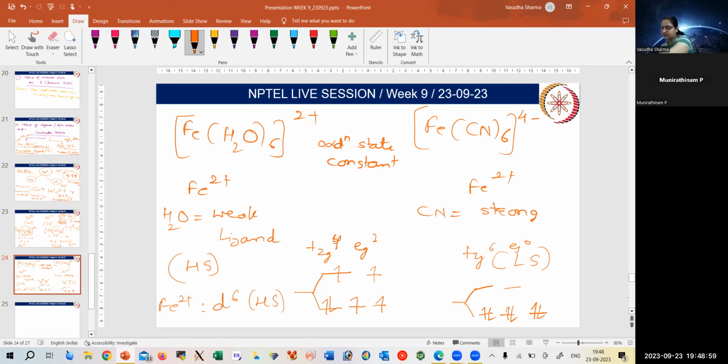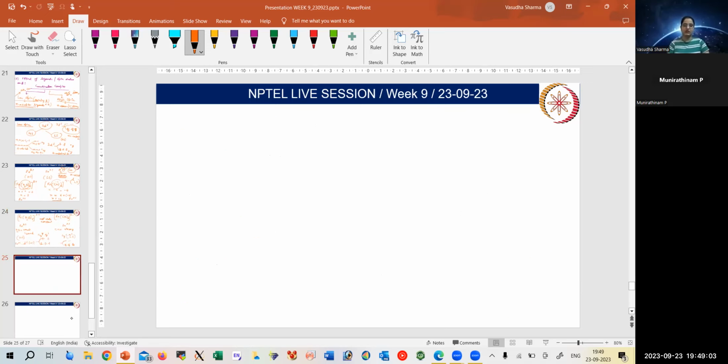Now, the main factor that we were talking about, so we understood how it is working. In case of high spin complexes, we have metal d orbitals. I'm making the orbitals over here, and here the ligand orbitals.